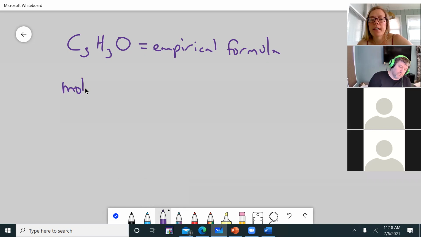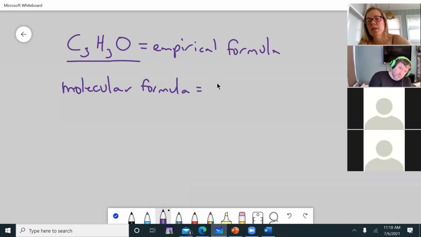So the molecular formula, which is what we're looking for, is going to equal my empirical formula, C3H3O, times some value of n. We need to figure out n.